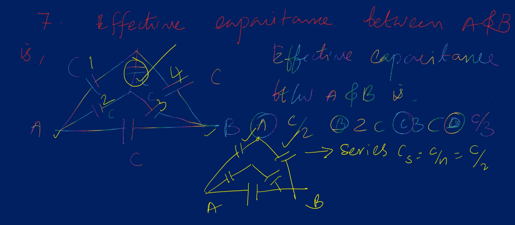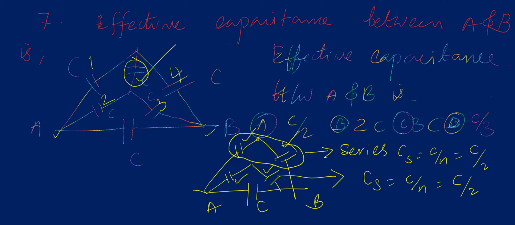Again, when we consider these two, the effective capacitance is C by N, where capacitance is C and N is 2, and here the capacitance is C. So all these three are connected in parallel.